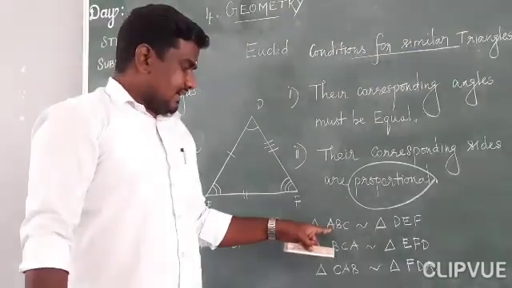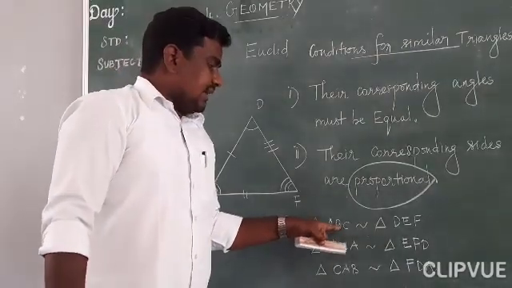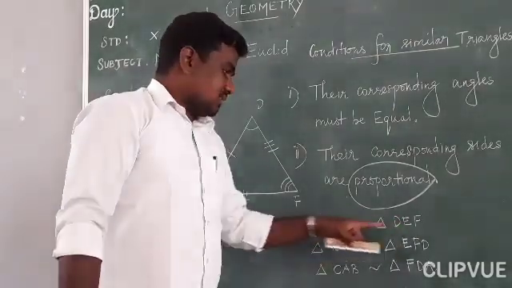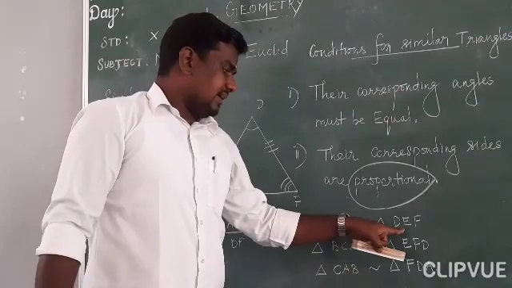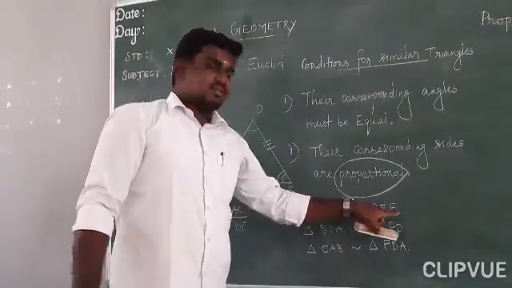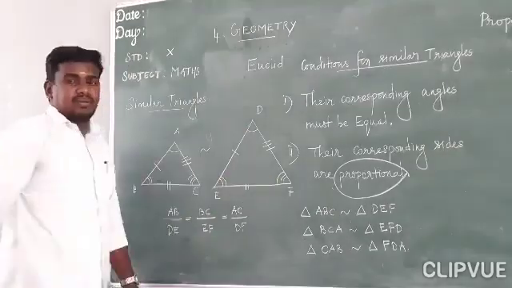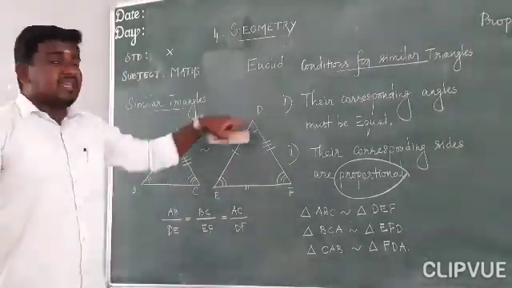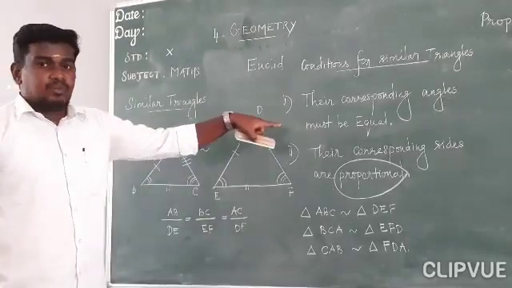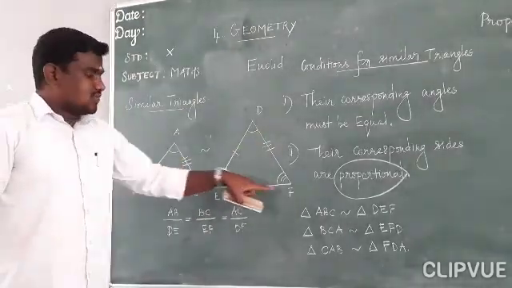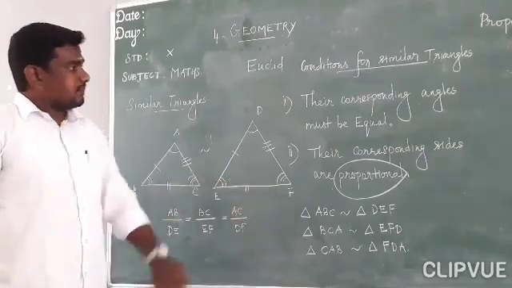If you write the vertex A here, the next triangle's corresponding vertex should be written at the same position. For example, A means D, B means E and C means F according to the triangle. Here I have taken ABC and DEF. If I take ABC and PQR, A corresponds to P, B corresponds to Q and C corresponds to R, like this.